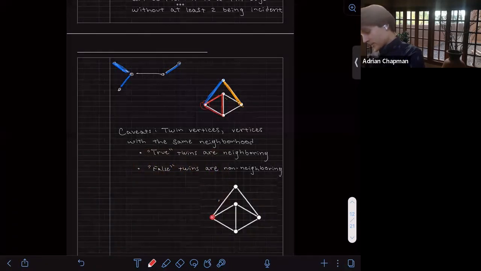What I would call the false twins are this pair of red vertices, and this pair of blue vertices are going to be true twins. So why are these important? Suppose that I call the red vertices J and K, then the Hamiltonian term sigma J times sigma K is a symmetry.